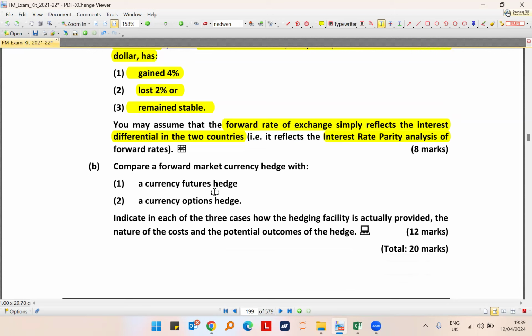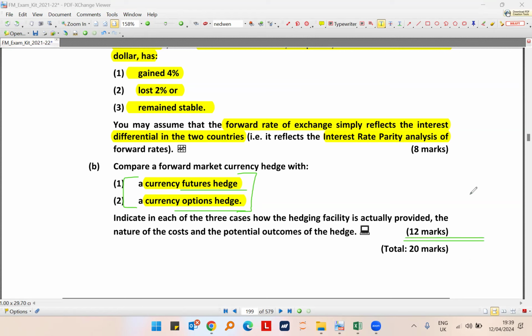And then compare the forward market currency hedge with the currency futures hedge and the currency options hedge. Here, indicate for each of the 3 cases how the hedging facility is actually provided, the nature of the costs, and the potential outcome of the hedge. Remember what I am emphasizing when it comes to FX and hedging: you need to know how futures and options work, because even if you're not going to calculate them, they are definitely going to ask you to explain them, which is what the question asks for here, for 12 marks.